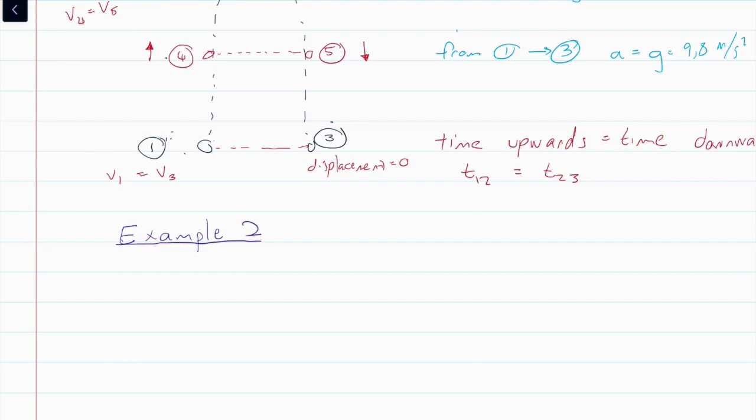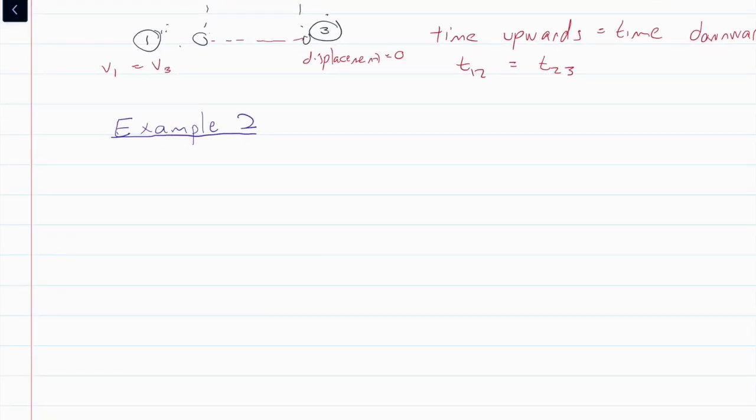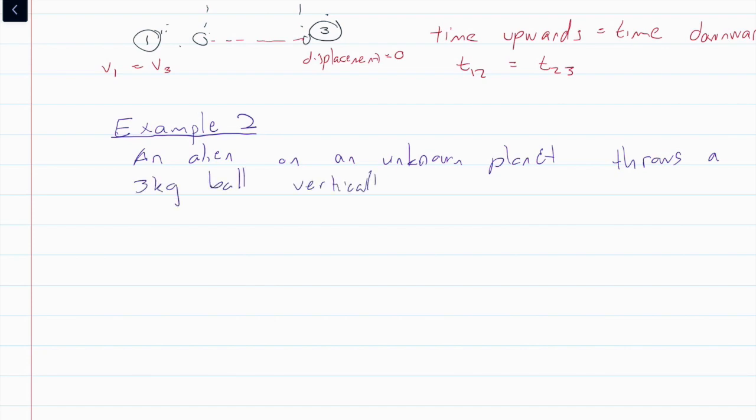An alien on an unknown planet throws a 3-kilogram ball vertically upwards with a speed of, let's say, 35 meters per second.